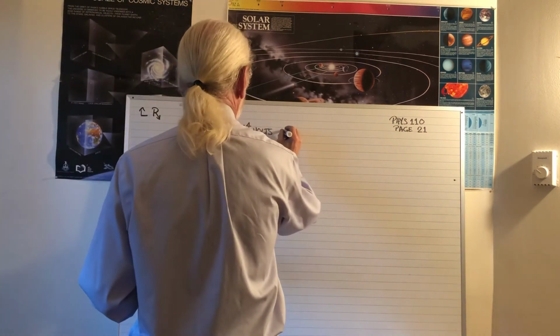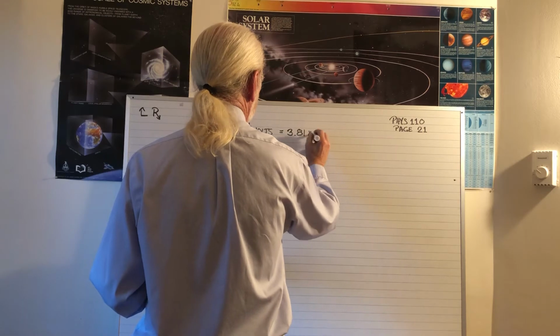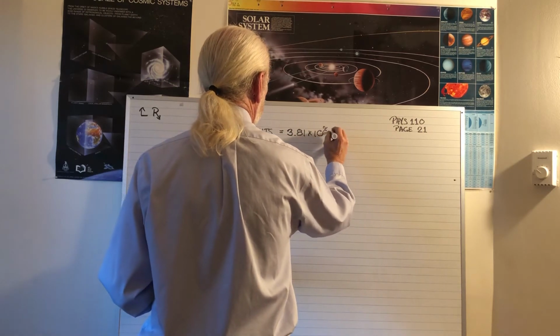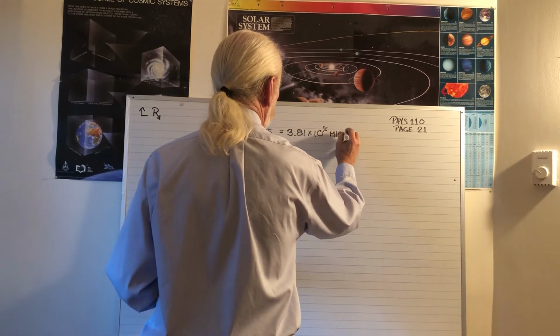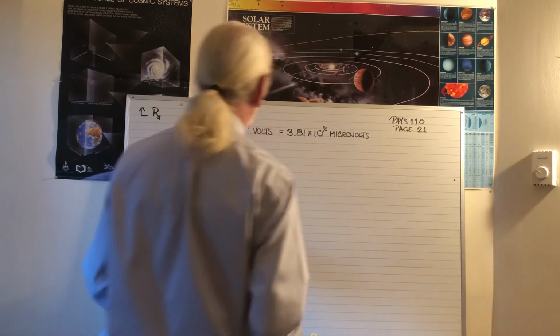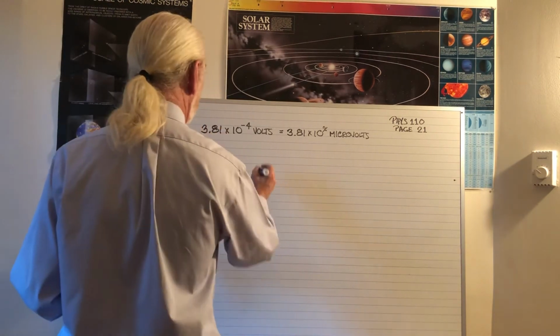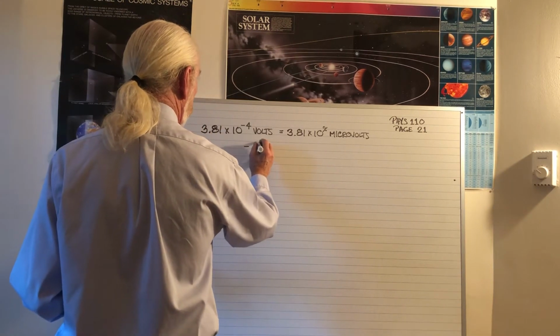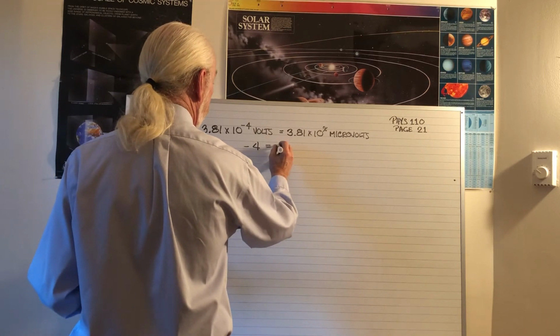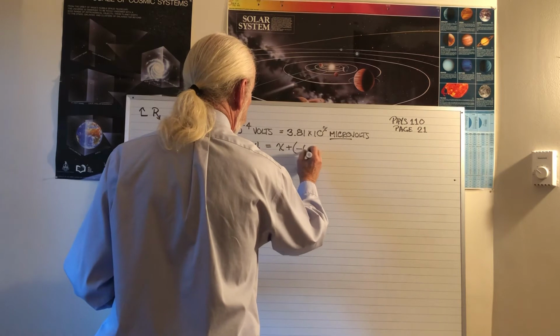So that's going to be 3.81 times 10 to the I don't know microvolts. Okay, so left to right, I got negative 4 equals x plus a negative 6.